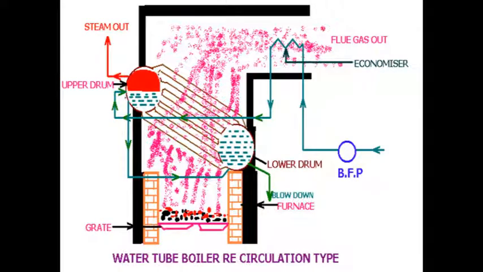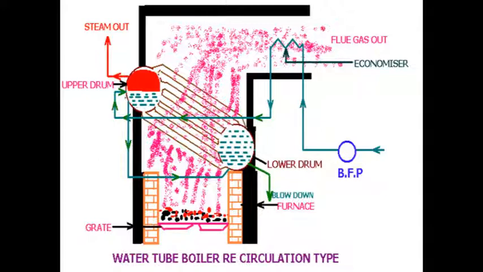Considering these disadvantages of the primary phase of economizer development, step by step some modifications were made. The first modification was to connect the economizer outlet to the upper drum, and another connection, that is a tubing, is taken out from the upper drum, passed through the outside of the furnace and connected to the lower drum.